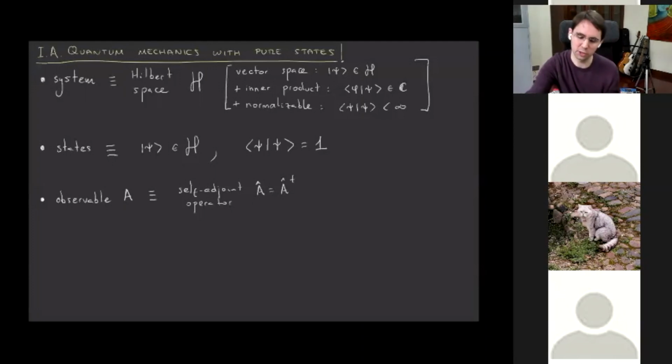What's special about self-adjoint operators is that they have a real spectrum, real eigenvalues, and also that the eigenvectors of the self-adjoint operator form an orthonormal basis of the Hilbert space. So this means that using the spectral theorem, or just the spectral decomposition of the operator, we can write the operator in this way.